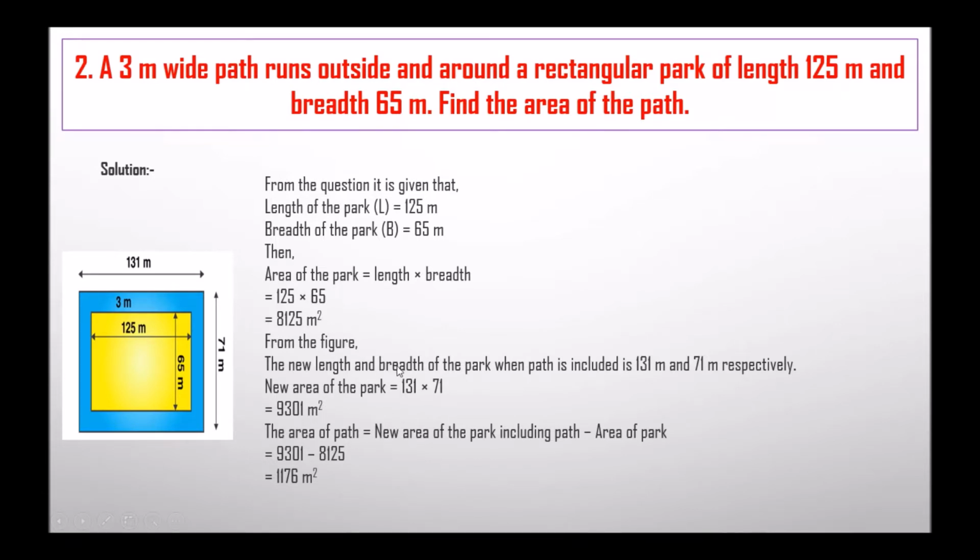New length and breadth of the park when path is included are 131 meter and 71 meter respectively. So new area of park equals 131 into 71, that is 9301 meter square. So area of path equals 9301 minus 8125, that is 1176 meters square.